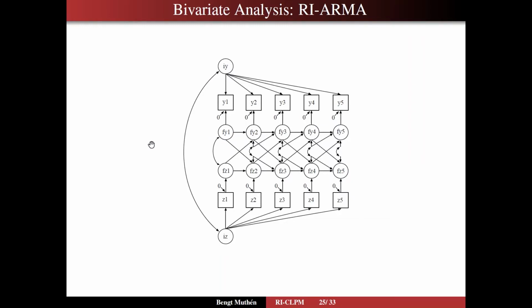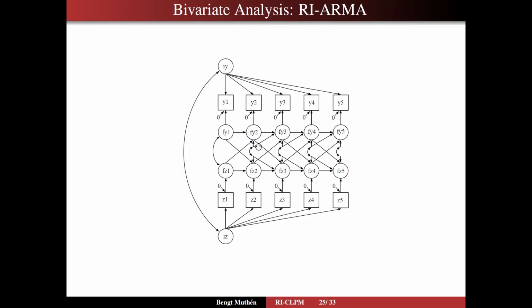Now this is a simple version of representing the RI-ARMA. The fuller version, which is also discussed in the paper, is when these MA components also have cross-lag relationships. For instance, the fy3 component here, this residual could be regressed on the residual at the previous time points.